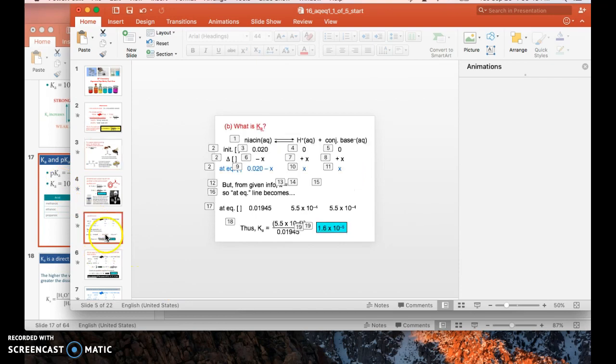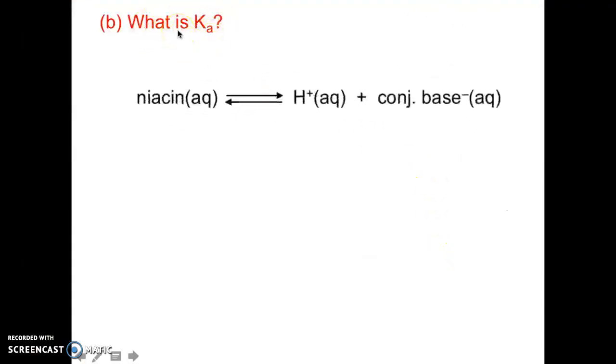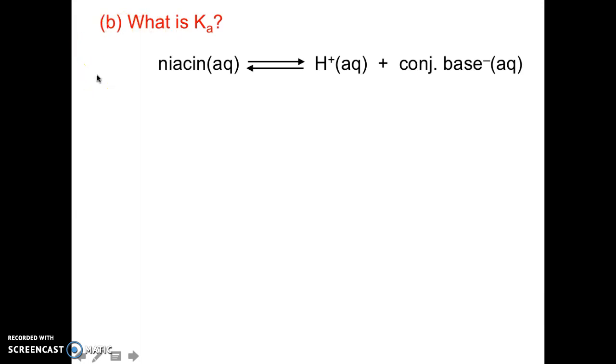So let's think about actually calculating a Ka value. All right, so I'm going to skip ahead a little bit. I'm going to give you some information. So here's a reaction of niacin breaking down. Niacin is a trace element that we need. If you don't get enough niacin, you get like weird skin lesions and stuff. If you were calculating something like this, I'm going to give you some of the numbers.